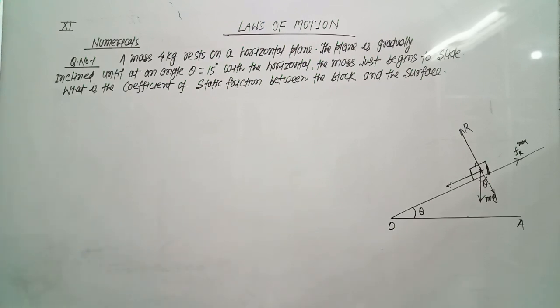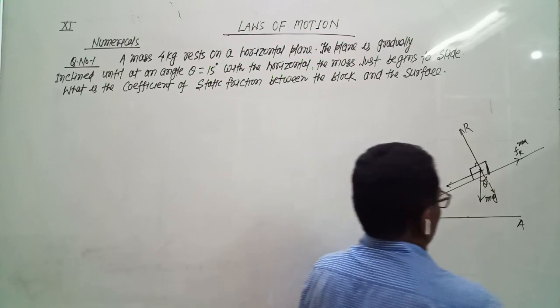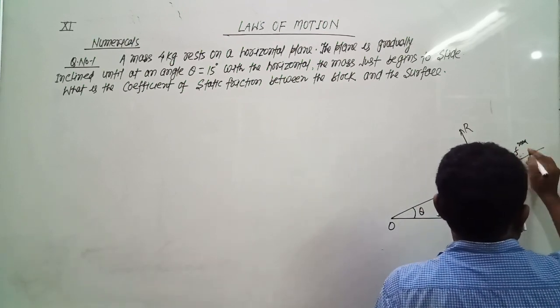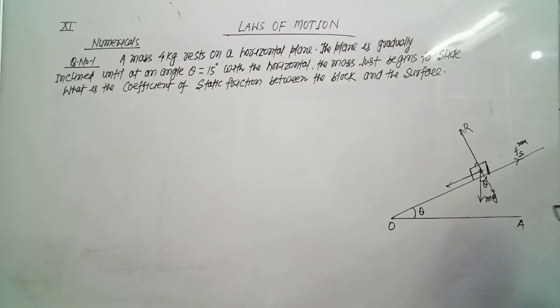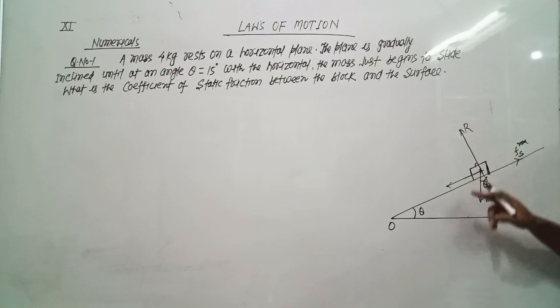So Fs maximum, because when the mass is in the initial position, it doesn't start sliding down, then the friction acting is the static friction. And when the static friction becomes maximum, then the mass started to slide down. And when it is sliding uniformly, then the friction is kinetic friction.